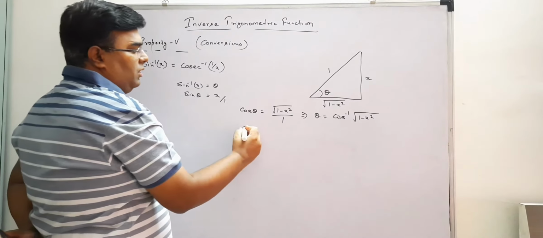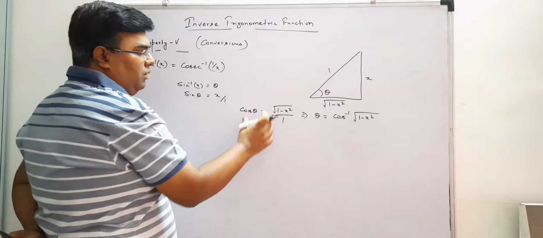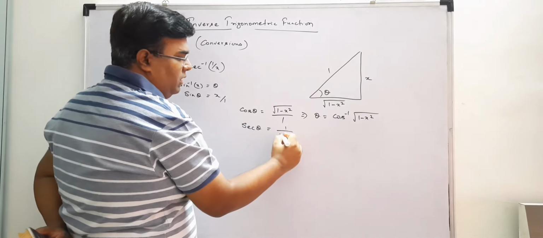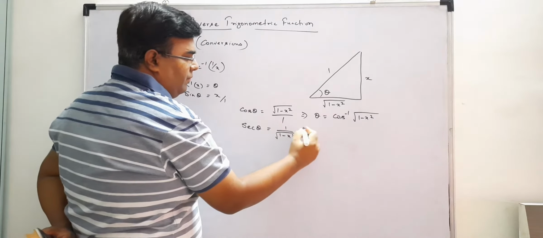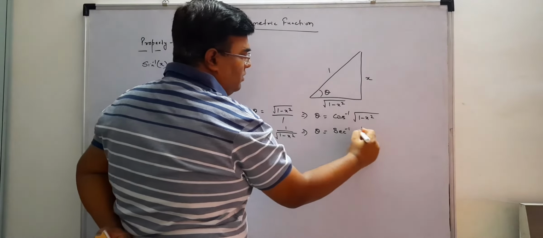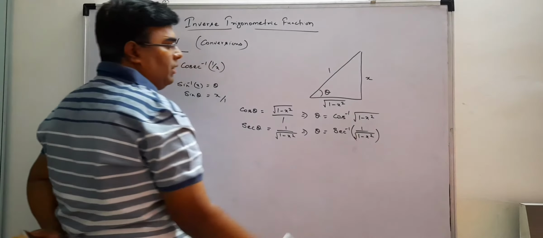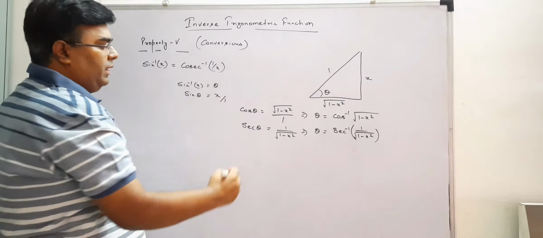Similarly for the others, sec theta will be the reciprocal of cos theta. So hence theta is equal to sec inverse 1 upon the square root of 1 minus x square, correct? What is my tan theta?